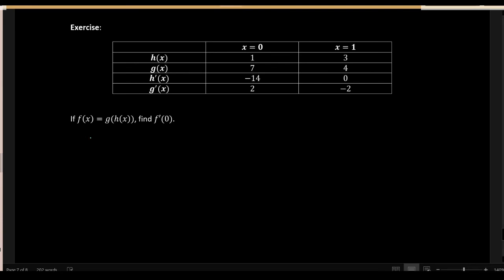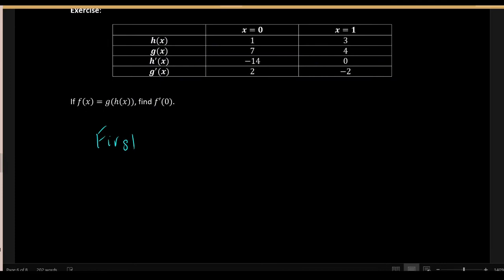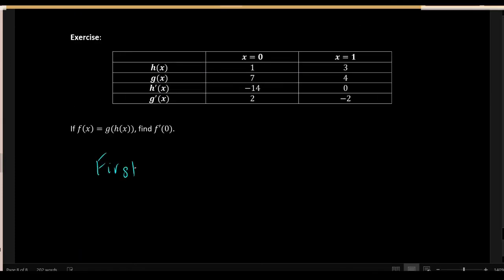Someone says, suppose that my f of x is equal to g of h of x. Find f prime at 0. Now, as we know, before we can find the value of a derivative at a specific location, such as 0, the first thing that we need to do is get a formula for f prime at x.